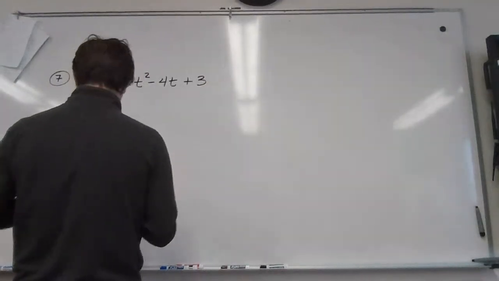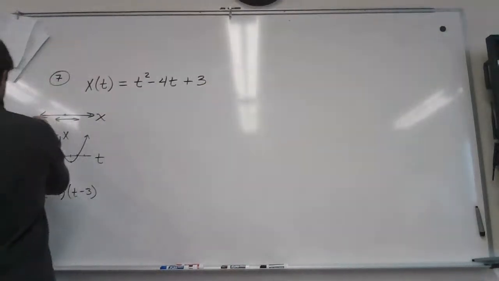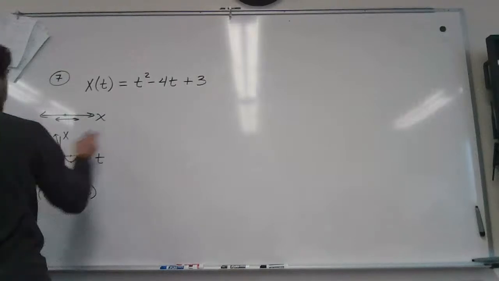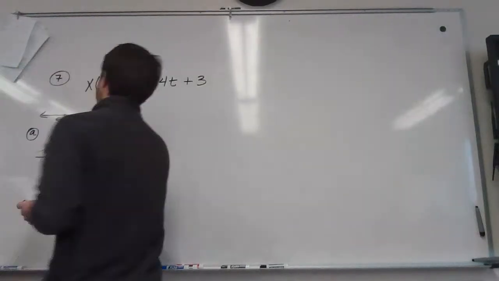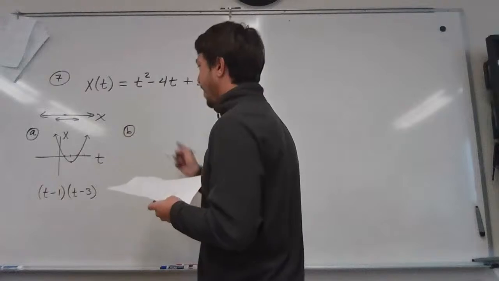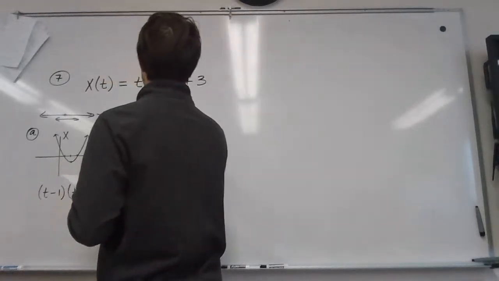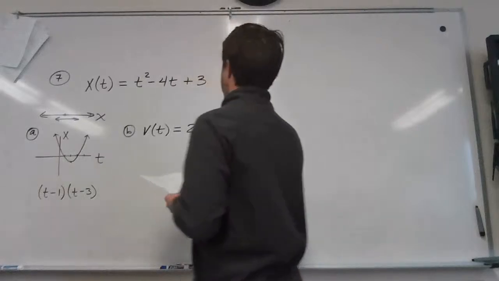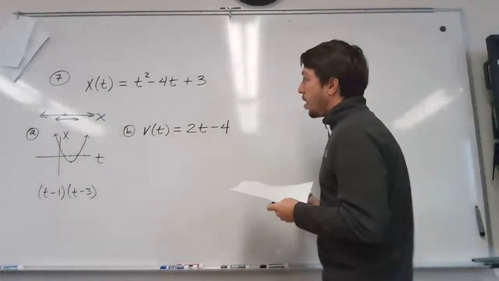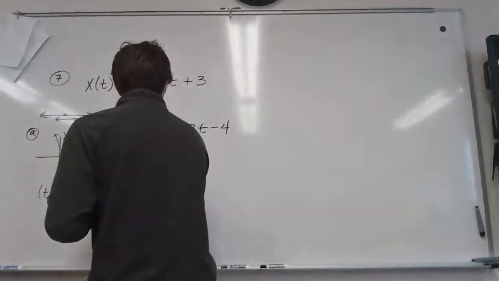Okay, so that's part A. Let's get part B and see if part B agrees logically with that graph. Can I get the actual velocity function without too much work? Yeah. 2t minus 4. That was pretty easy. Now I can graph that.